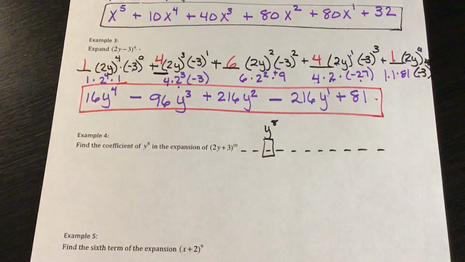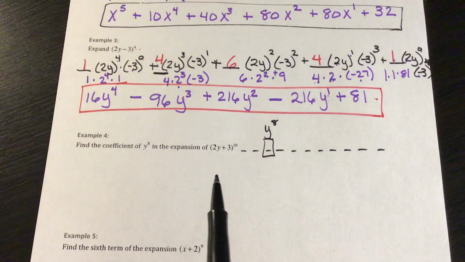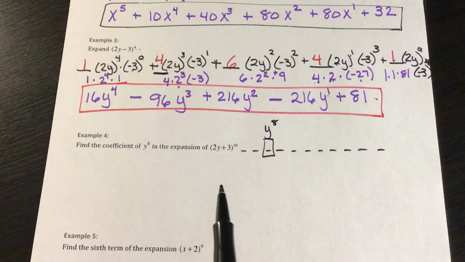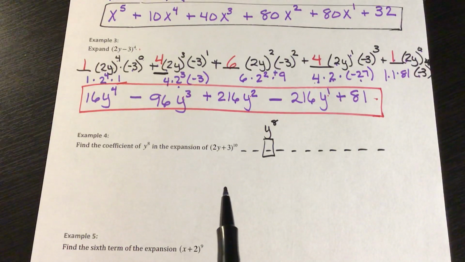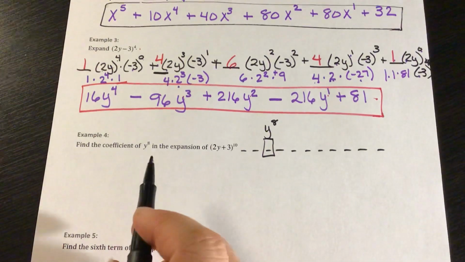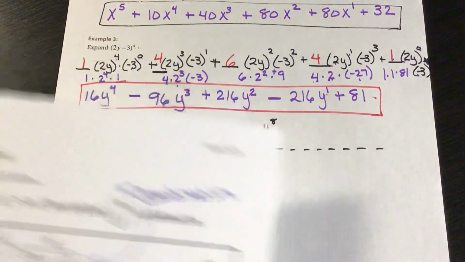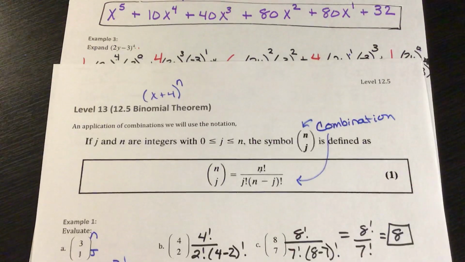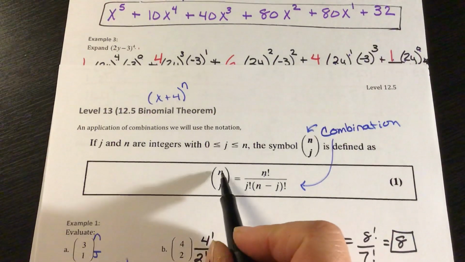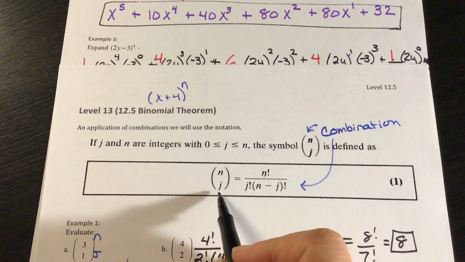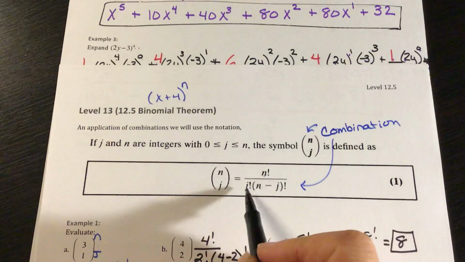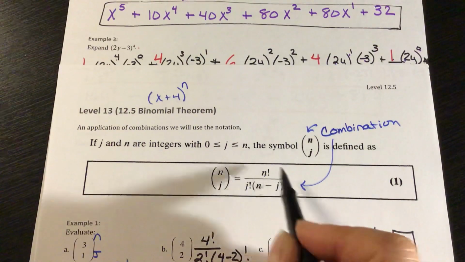All right, so thinking about my formula from the other page, we're going to look at this here. Here I have n choose j, and I'm going to use this formula.